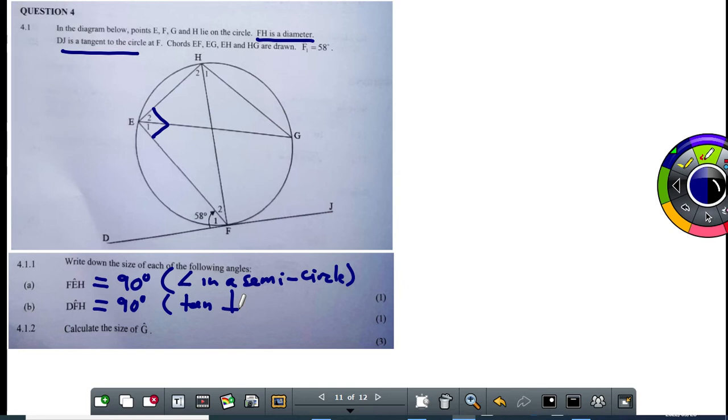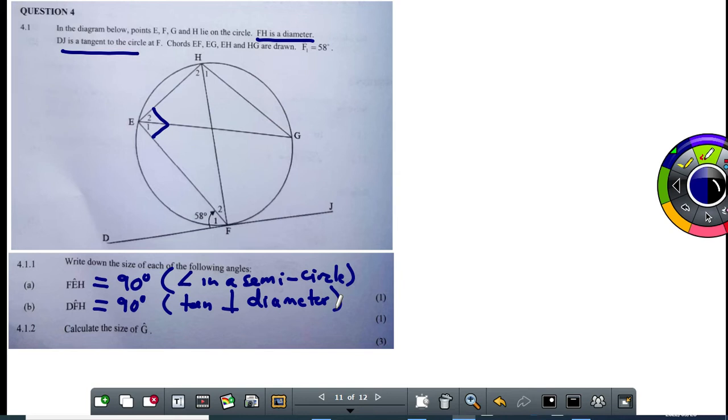Well, it's your choice to write tan perpendicular to radius or tan perpendicular to diameter. But for me, let me write tan perpendicular to diameter. Okay? But be aware that if you put radius, it's also correct. Okay? Alright? Then calculate the size of G.